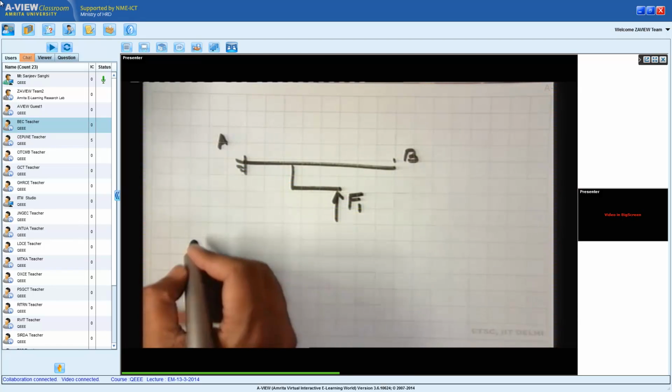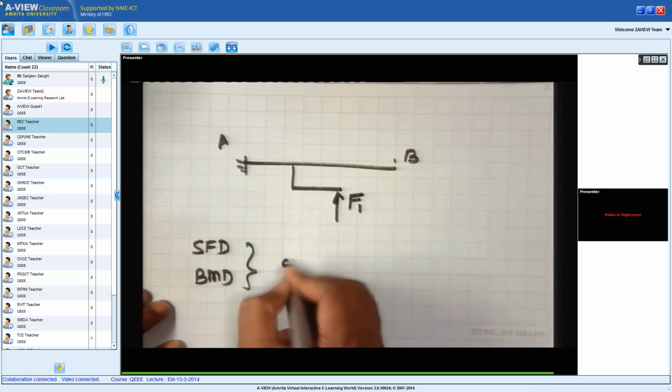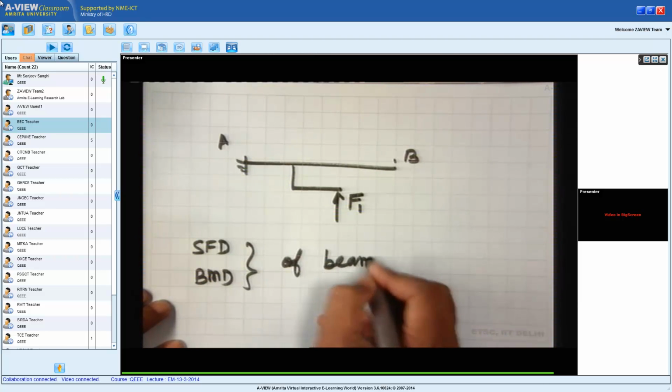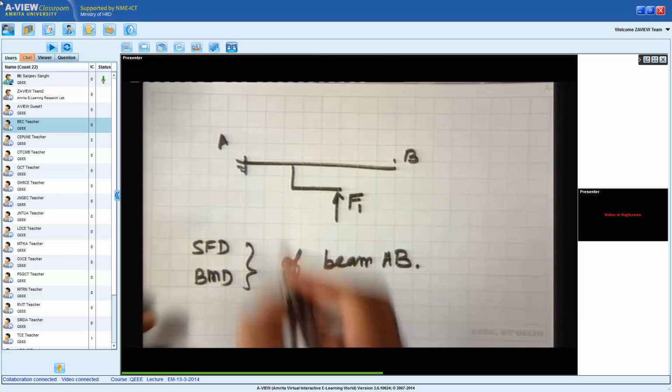Now if I have to draw the shear force diagram and bending moment diagram of the beam AB, what will I do?